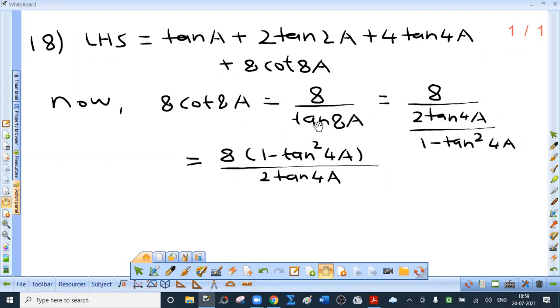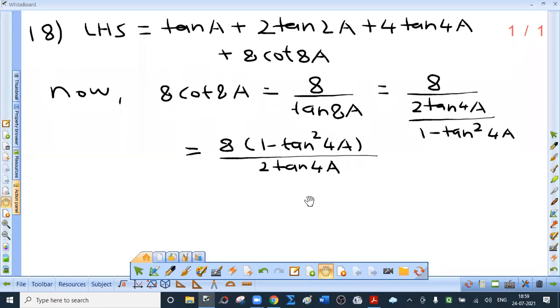Now tan 8A is tan of 2 times 4A. What is tan 2 theta? 2 tan theta upon 1 minus tan square theta. Theta means 4A. So effectively this is 8 into 1 minus tan square 4A upon 2 tan 4A.